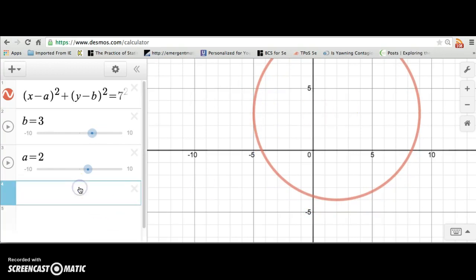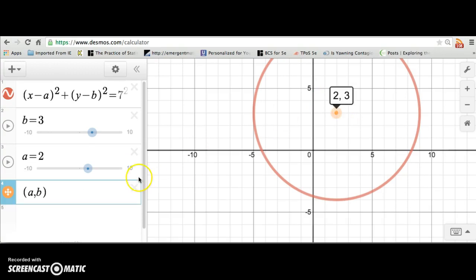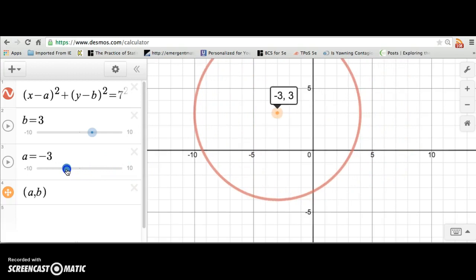Let's plot that point. So there's the center at 2, 3. Or what if I had negative 3, 3? So there's the center of my circle. It's at negative 3, 3, and it's got a radius of 7.